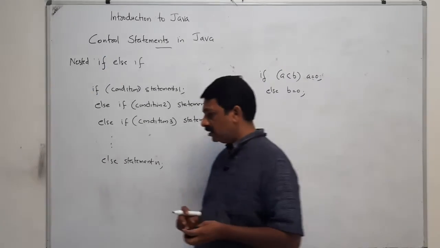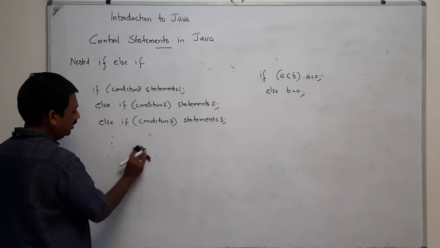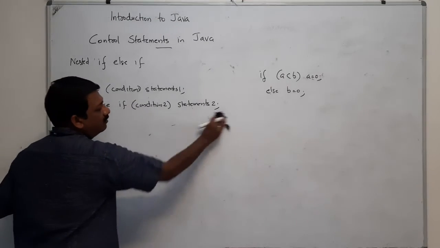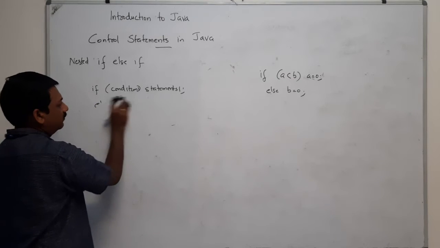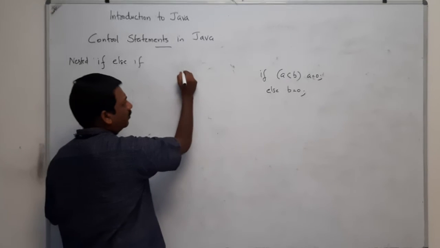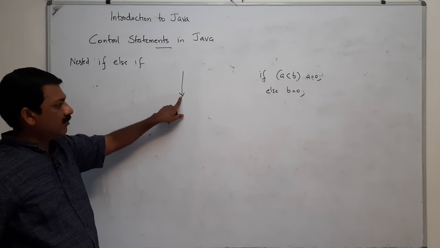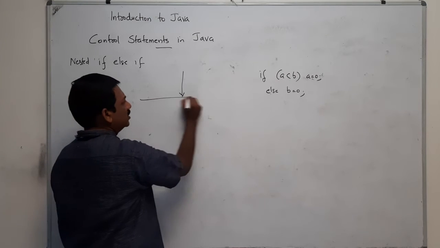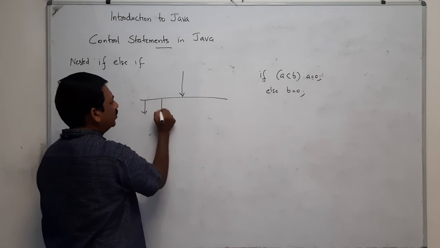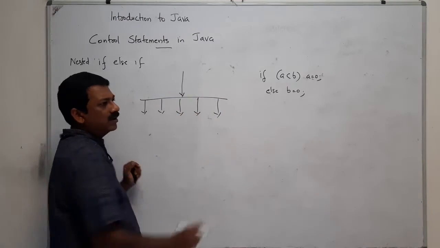Now, the next one is switch. If you want multi-way branching, for example, suppose your program is executing and it comes to a point where you want multiple branches from this point.